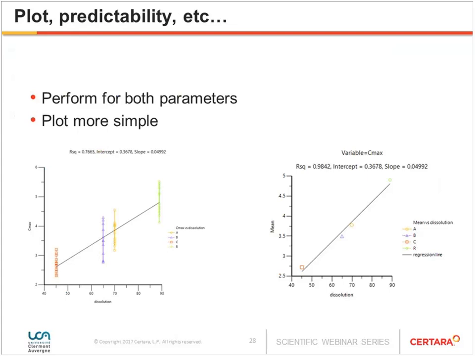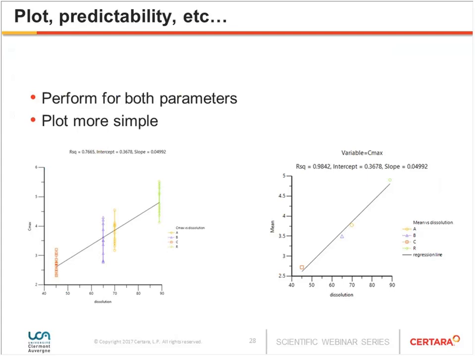If I do it on all the raw data, or if I do it on the mean, you can see that I don't have exactly the same scale on the y-axis, but I have exactly the same intercept and the same slope. Of course, the R squared is not the same, because when I have only 4 points, I have a better coefficient of correlation and R squared.